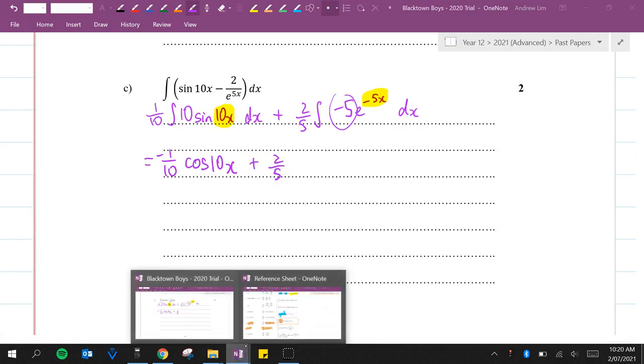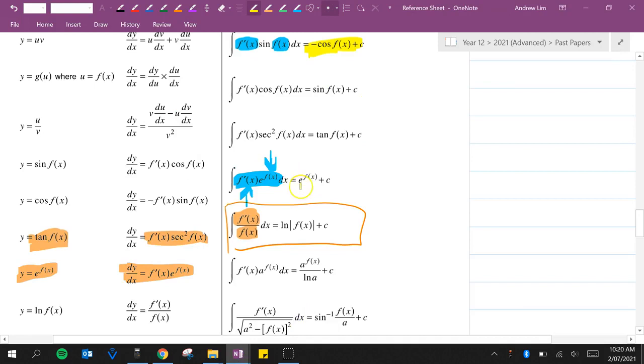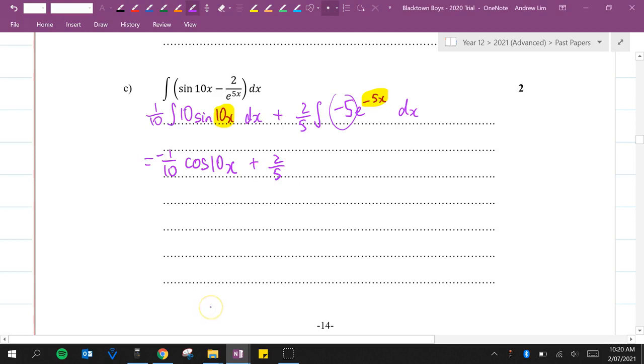What do we get when we integrate the exponential? Just the exponential to the power f of x. So e to the power of negative 5x. And then we can write plus c. Okay, and that's it for question 17.